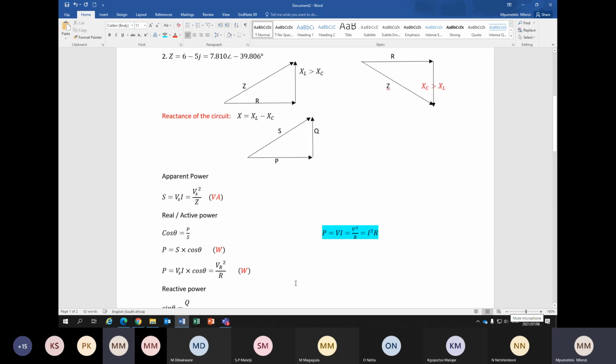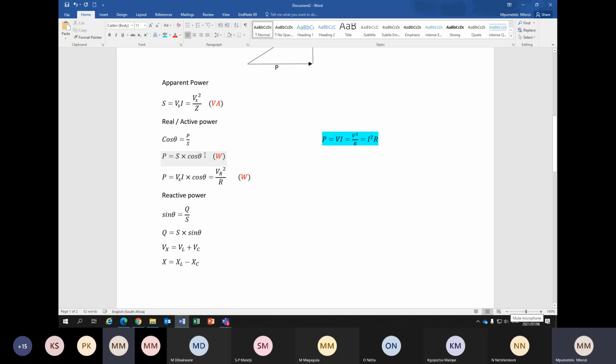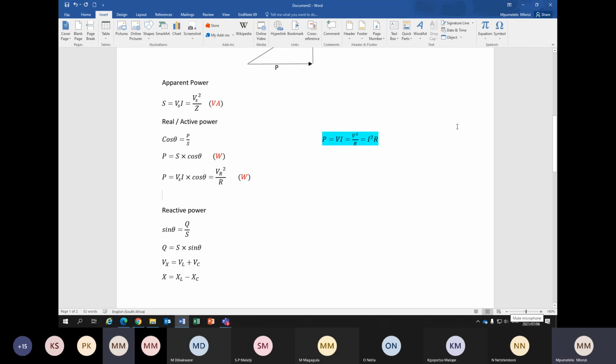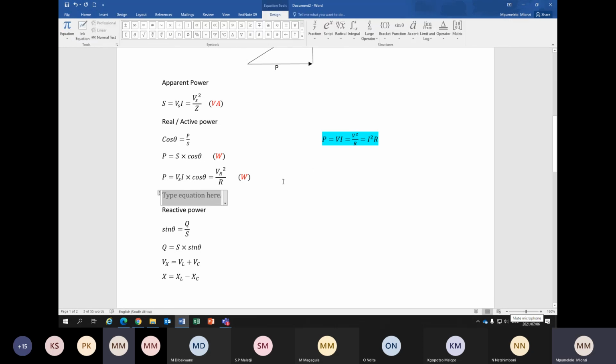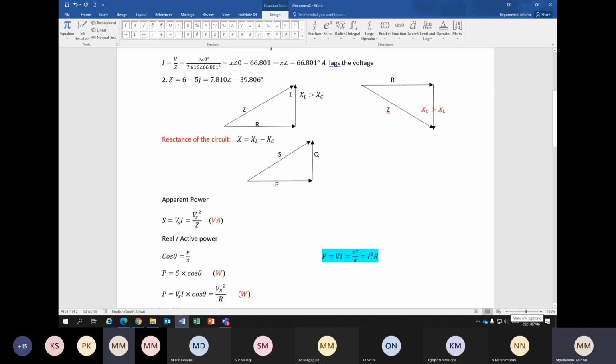Which one do we use when we calculate the active power or the reactive power? The angle for sine theta and the one for cos theta is the same angle, but it is wise to explain this by looking at what we have already solved.